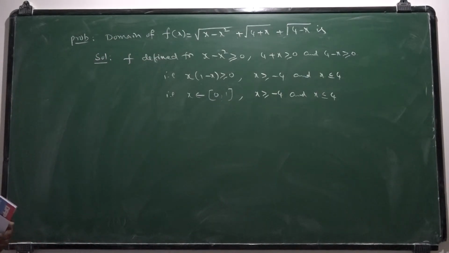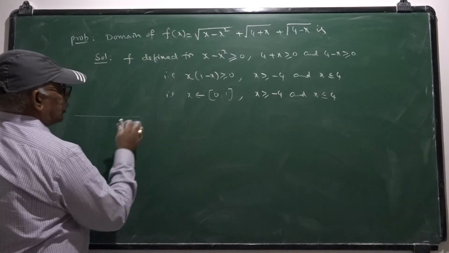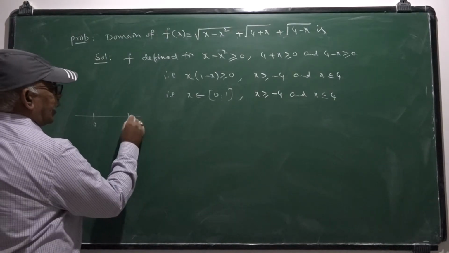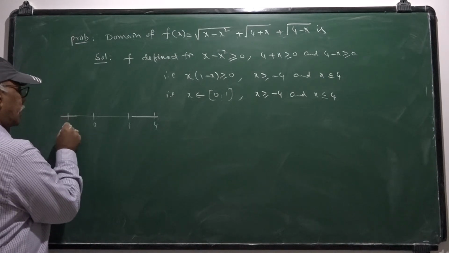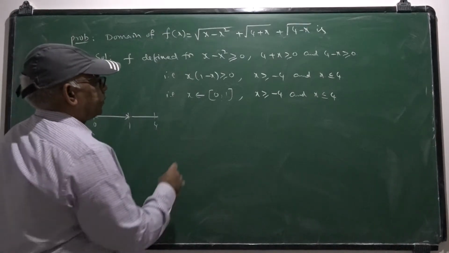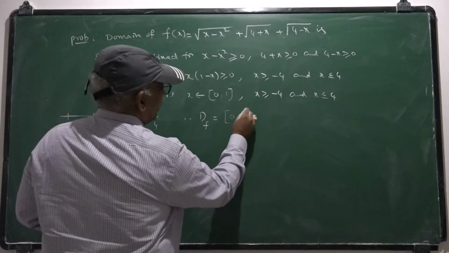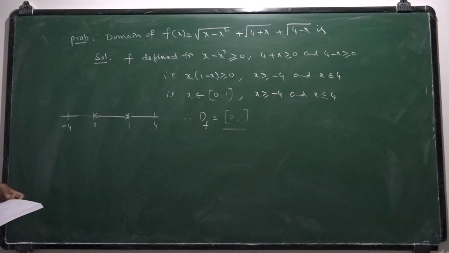That is the concept. So the intersection of all these is x lies between 0 and 1. Hence, domain of the function is the closed interval 0 and 1 only.